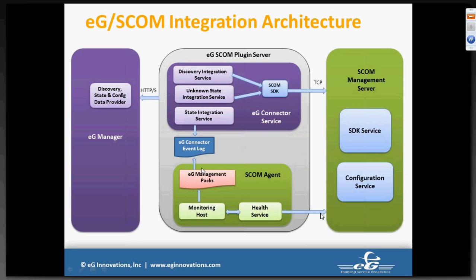The plugin also detects state changes in EG Enterprise. So if new alerts are coming into the EG Enterprise system, the plugin populates that information to the SCOM management server automatically. This way, the SCOM console will have a unified view of all the applications, servers, and networks being managed, both by EG Enterprise and by SCOM.